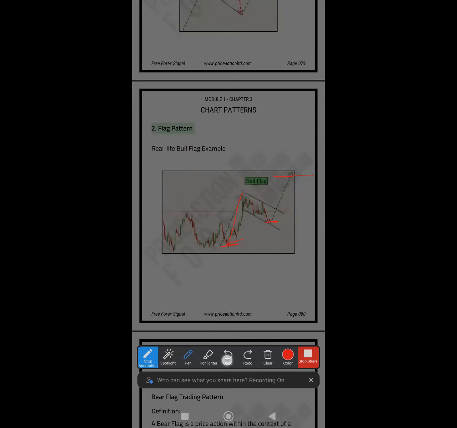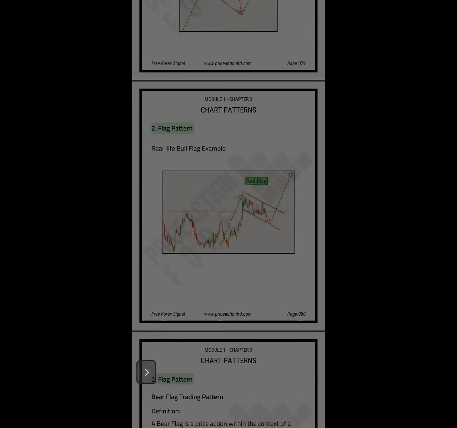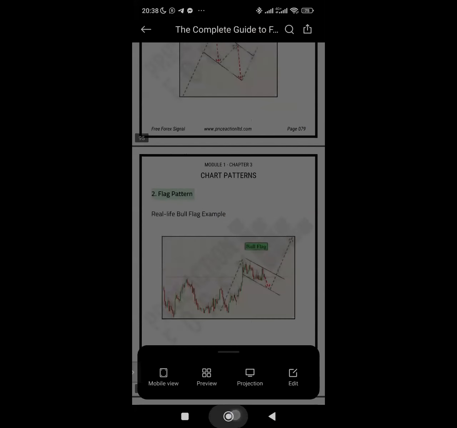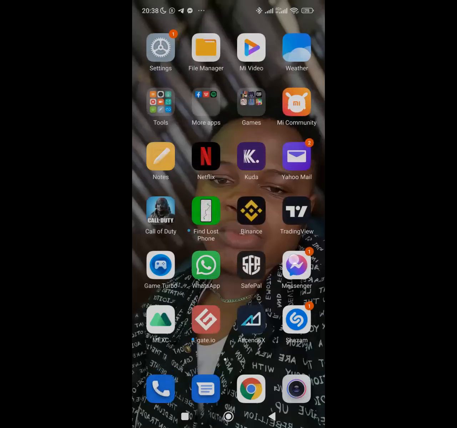So in the meantime, we can try to identify this bull flag on our TradingView. All right. These are one of the simplest patterns again.